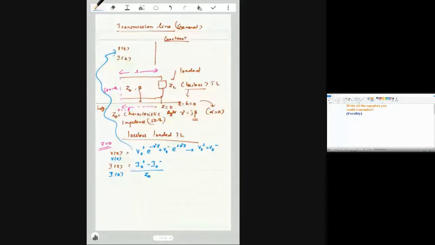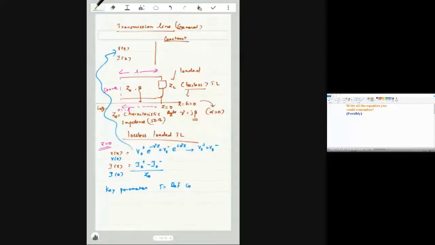So from that we get, for a lossless loaded transmission line, placing the load at z equal to 0, the voltage and current V of 0 and I of 0. Here I introduce one of the key parameters, called gamma, the reflection coefficient.